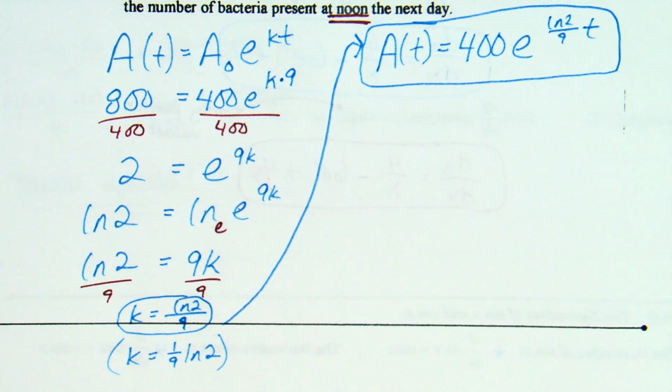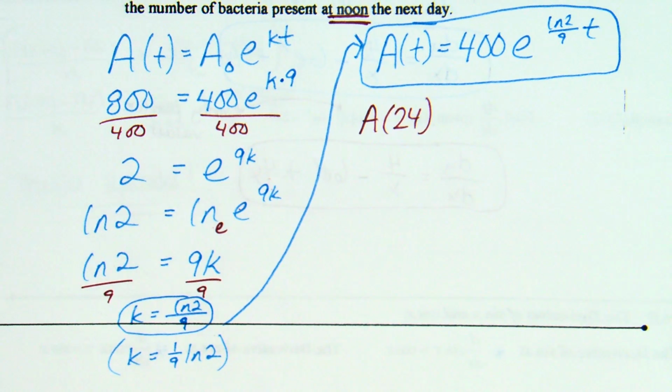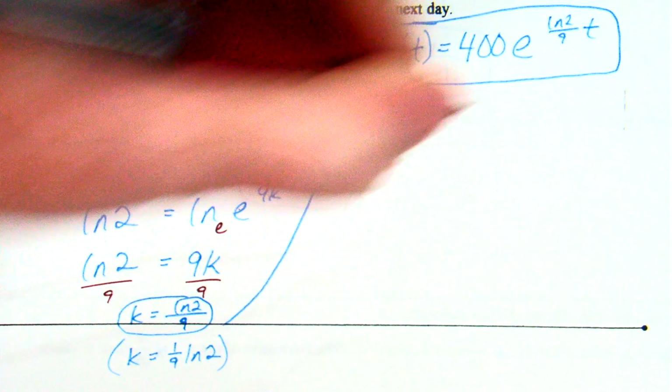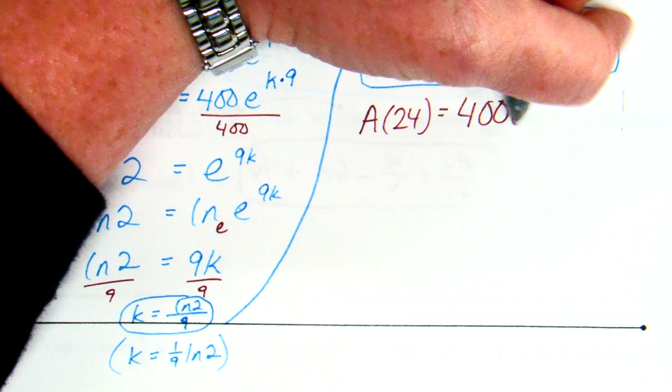So we're going to be trying to find A of 24. And that's because we're using 24 because it specifically said T is in hours. If T was in days, then I just use T as 1. So 400, E to the natural log of 2 divided by 9 times 24.